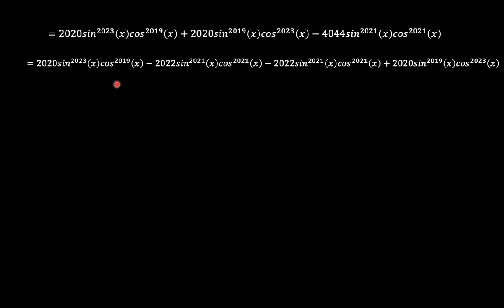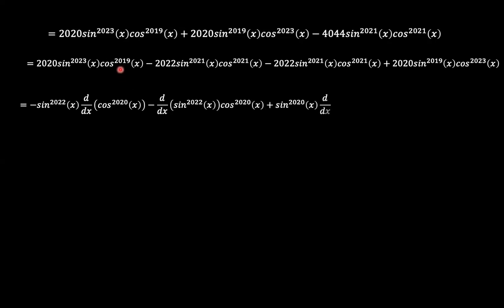So as you can see here clearly, this here is sine to the power 2022x negative times the derivative of cosine to the power 2020. And that results into cosine to the power 2019 times sine x, which now again causes the 2022 to be lifted up to 2023.